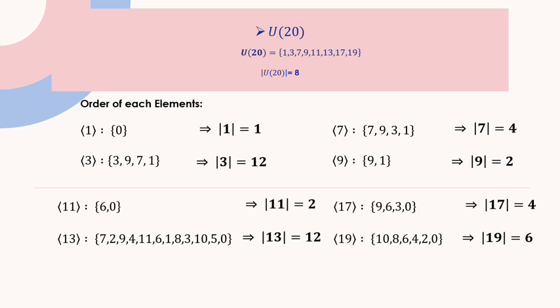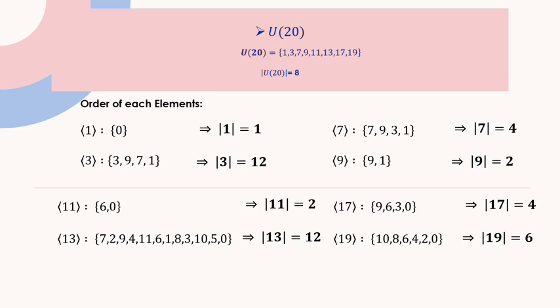Therefore, the order of number 3 mod 20 is equal to 12. For number 7, the elements under number 7 mod 20 are 7, 9, 3, 1. Therefore, the order of number 7 mod 20 is equal to 4.